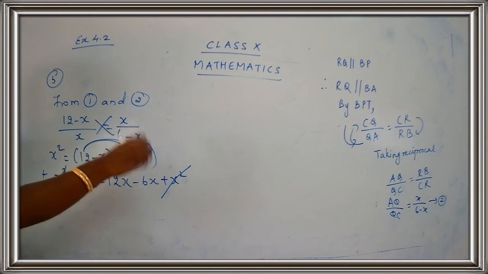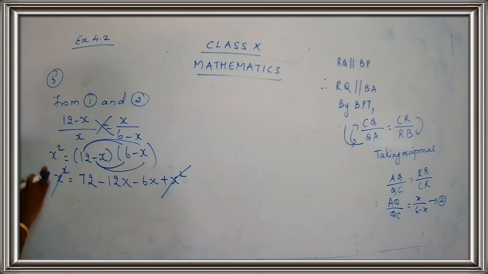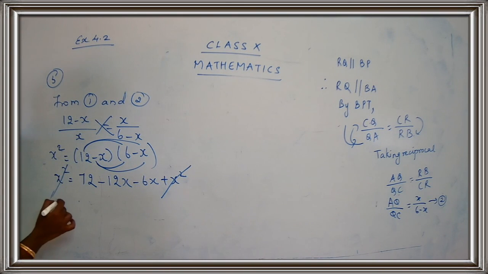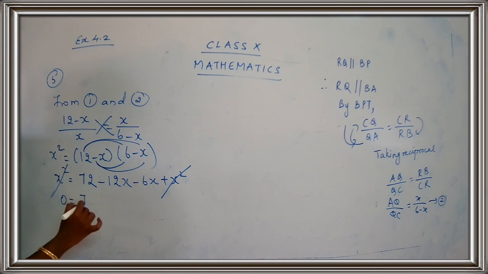If I had a minus, I could not cancel. Here also plus X square and here also plus X square, so we can cancel X square and X square. Clear?